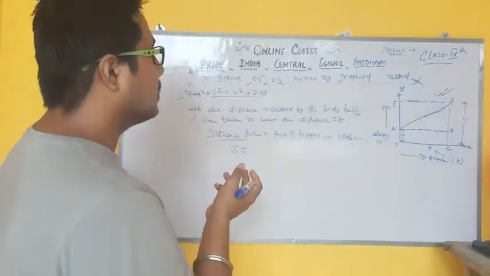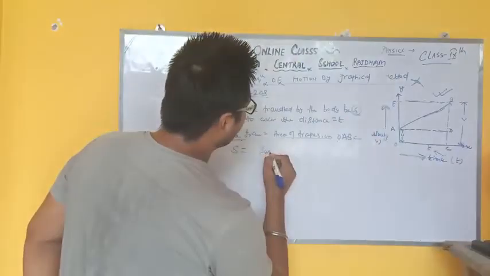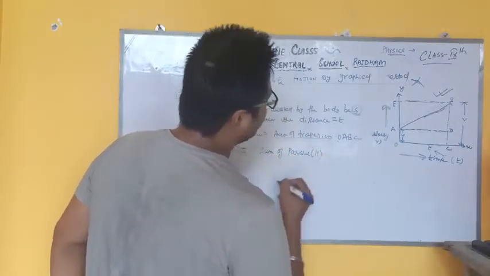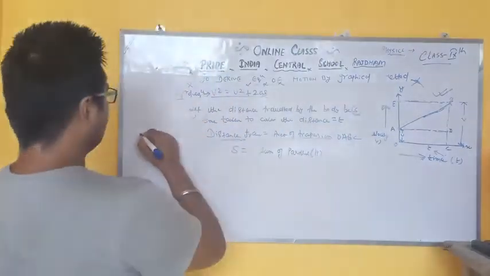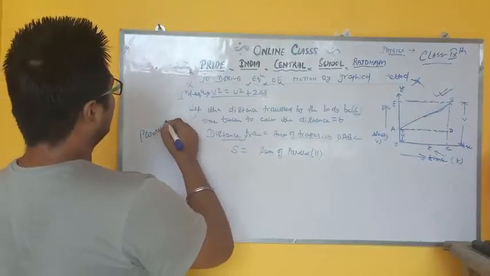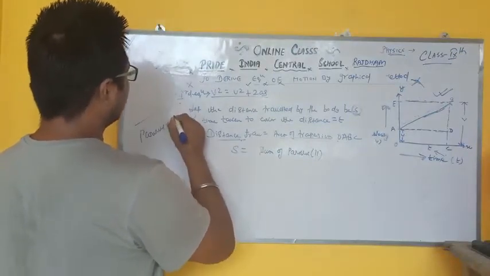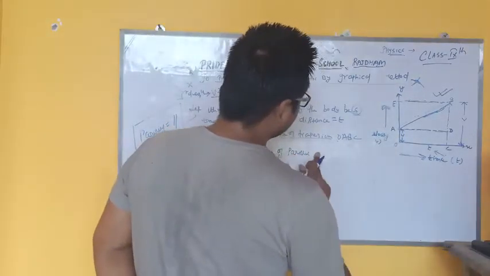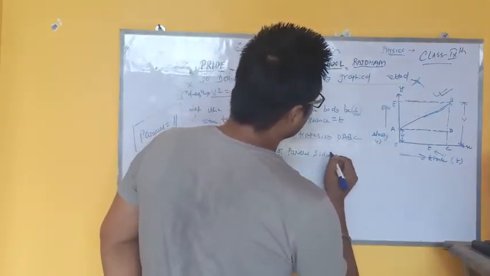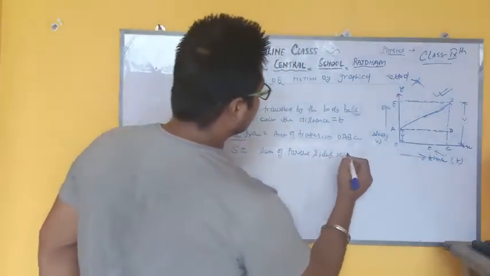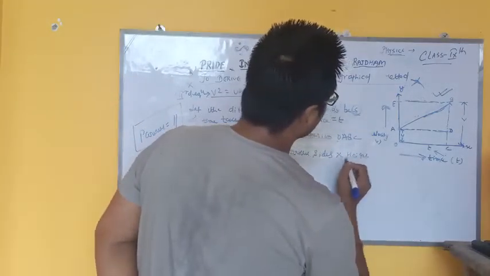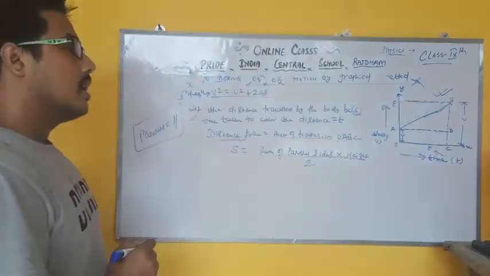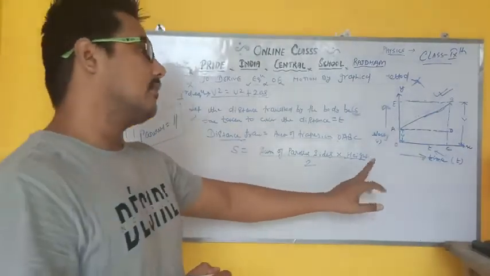The area of trapezium is the sum of the parallel sides into the height divided by 2. We represent parallel by a double line in mathematics.